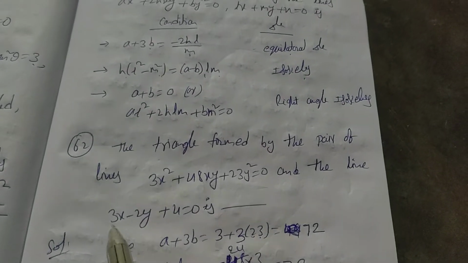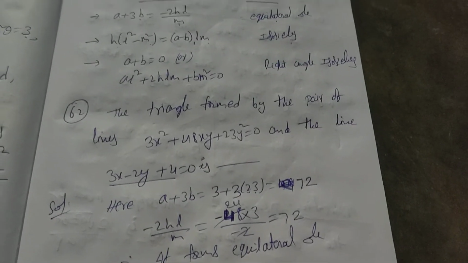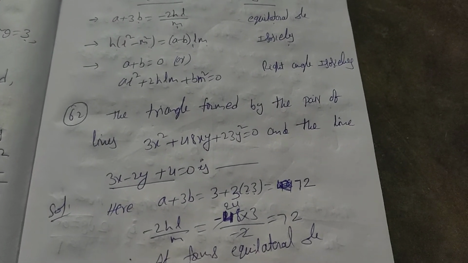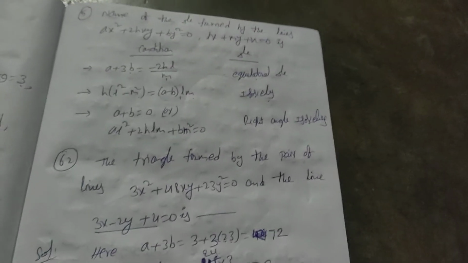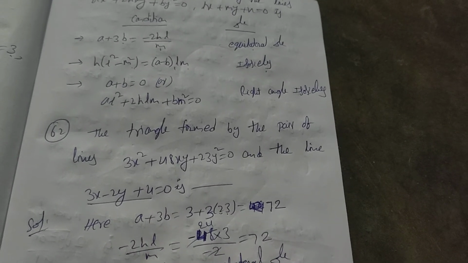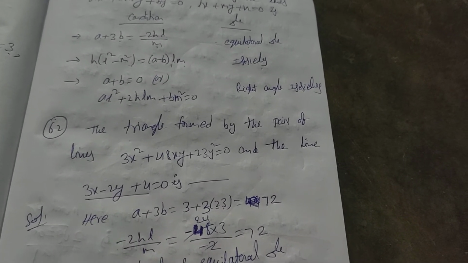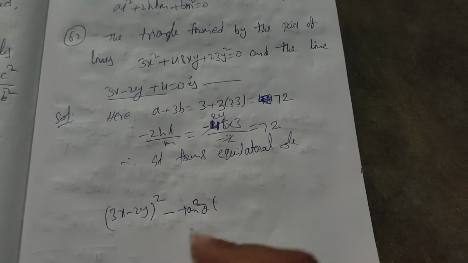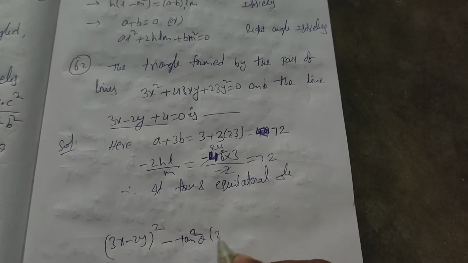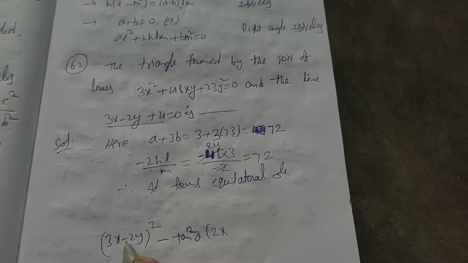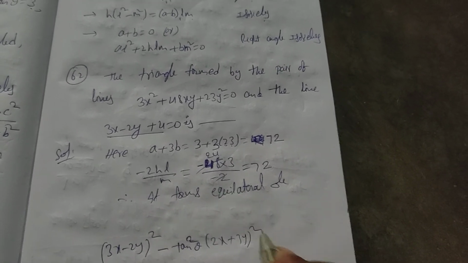In other words, if you write this as (3x − 2y)², in this formula (ax + by)² − tan²θ (bx − ay)², we don't know the tan²θ, so (3x − 2y)² − tan²θ times, interchanging these two coefficients and changing the middle sign, (2x + 3y)².